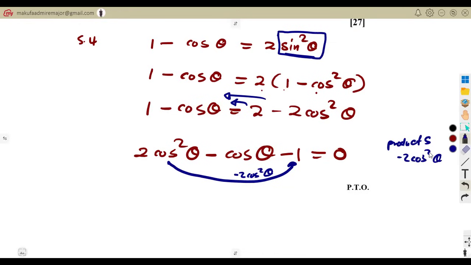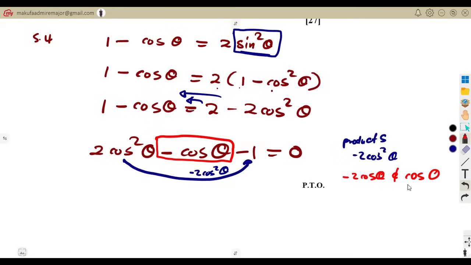But if you add those two, you must get the middle term that you're given here, which is minus cos theta. When you multiply the two terms, you get this, but when you add, you must get the middle term. So which two? That's minus 2 cos theta and cos theta.